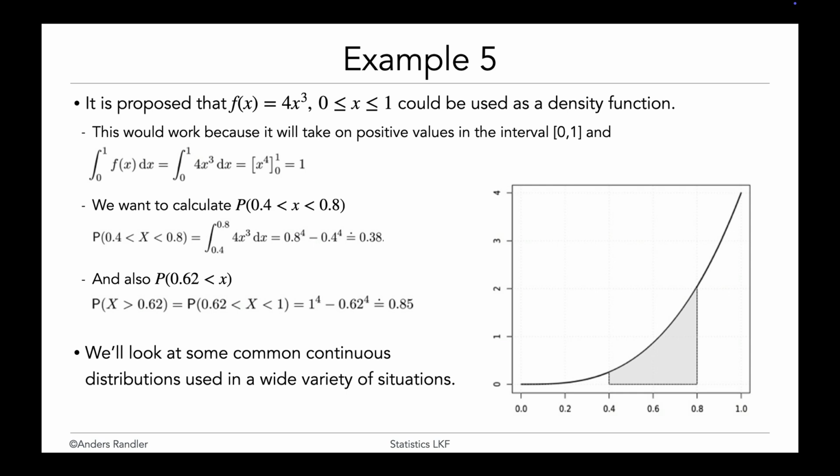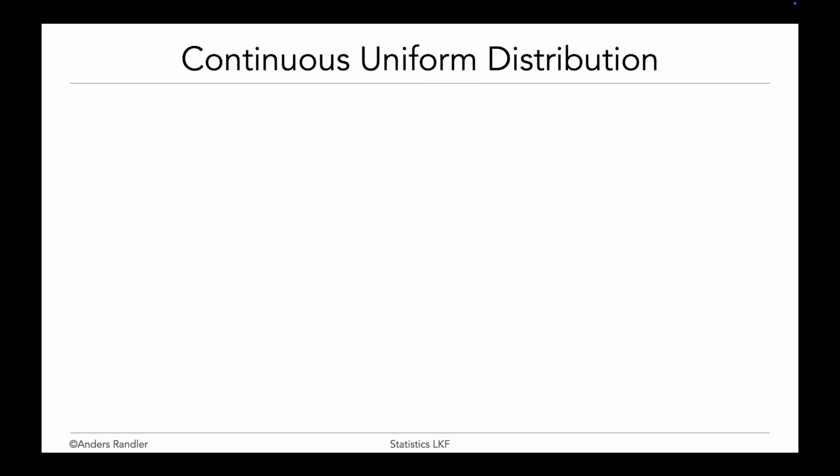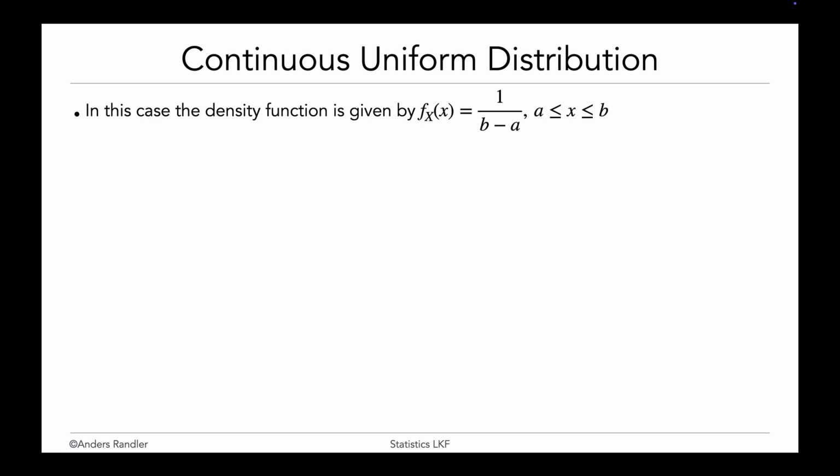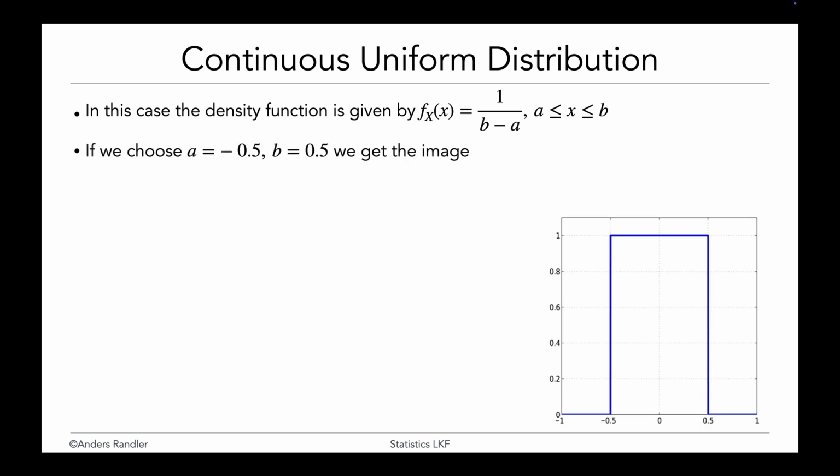So let's look at some continuous distributions that we'll be using quite a lot. So the first one, which is not used too much, but it is anyway quite important, is the uniform distribution. So it's a distribution where you have the same value, the same probability all over. And that's the reason it's called uniform.